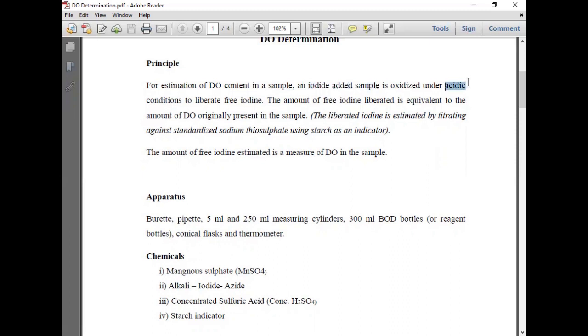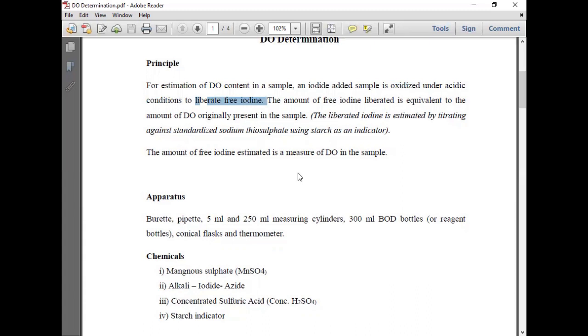How are we going to provide an acidic condition? We are going to add 2 ml of H2SO4, that is concentrated H2SO4, and that will provide the acidic condition. So when the iodide sample is given an acidic condition, it gets oxidized, and when it gets oxidized, it liberates the free iodine.